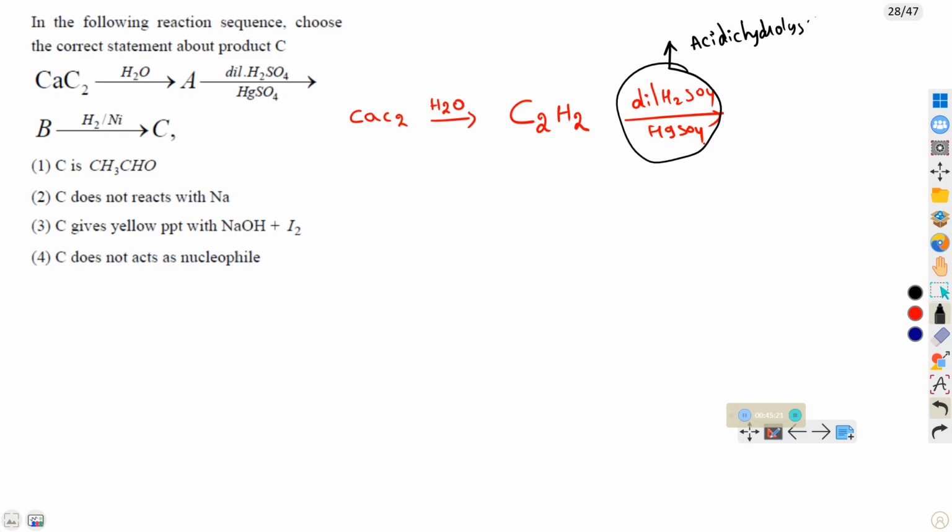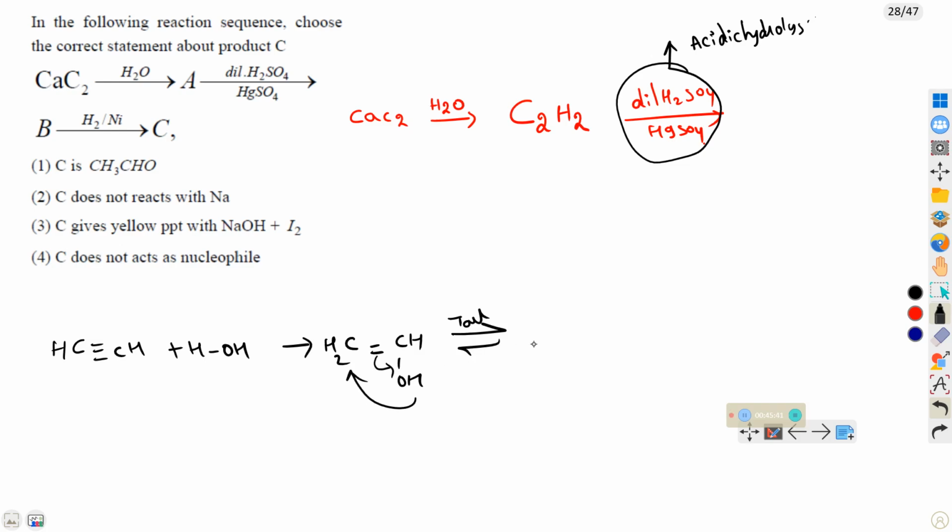Then it gives aldehyde. Check how aldehyde is formed. CH triple bond CH, add water molecule HOH, then it gives vinyl alcohol CH2 double bond CHOH. Vinyl alcohol undergoes tautomerism, pi bond shifted, proton shifted, then it gives aldehyde CH3CHO.